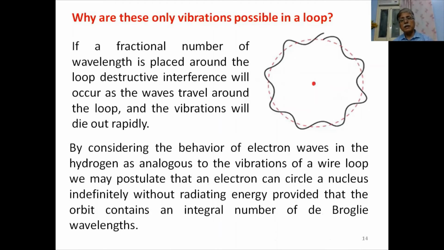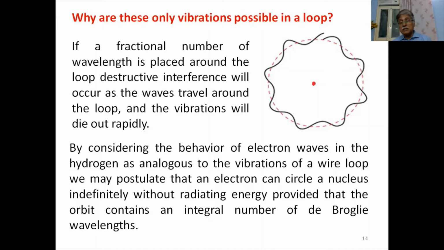By considering the behavior of electron waves in the hydrogen atom, as analogous to the vibration of a wire loop, we may postulate that an electron can circle a nucleus indefinitely without radiating energy, provided that the orbit contains an integral number of de Broglie wavelengths.